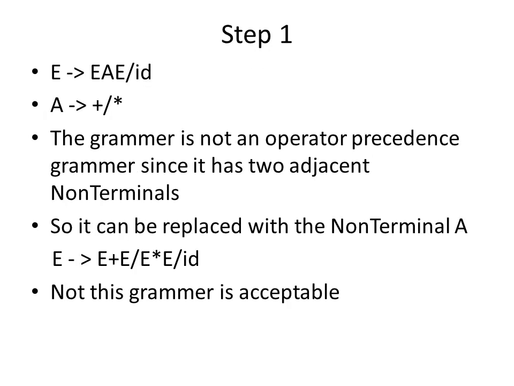Step number 1: E implies EAE / ID, A implies plus / multiplication symbol. The grammar is not an operator precedence grammar since it has two adjacent non-terminals. As I said, in E implies EAE, there are two adjacent non-terminals, so it is not an operator precedence grammar.